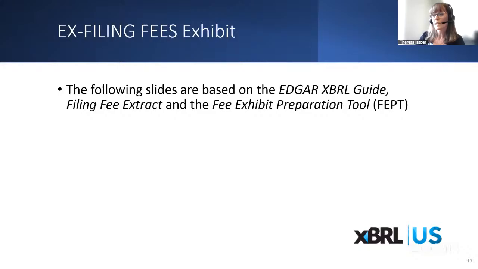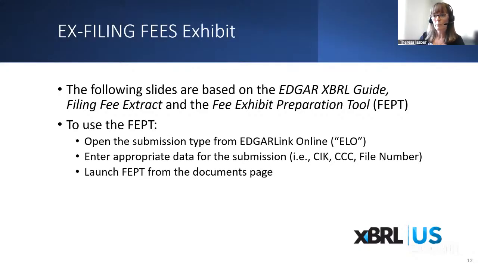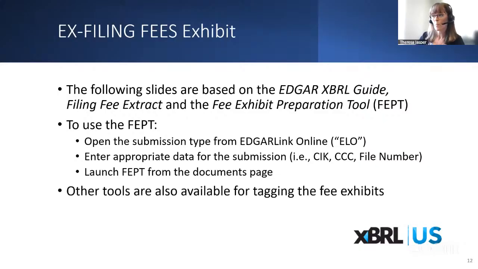The following slides are based on the Edgar XBRL Guide, Filing Fee Extract, and the Fee Exhibit Preparation Tool. To use the FEPT, you must open the submission type from Edgar Link Online, enter the appropriate data for the submission, and then launch the FEPT from the Documents page.